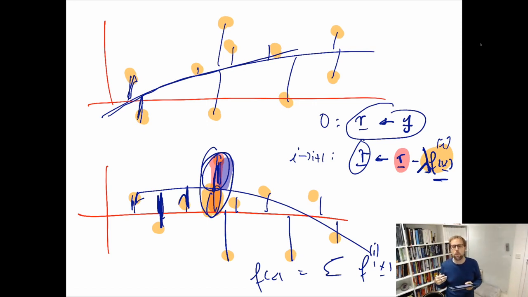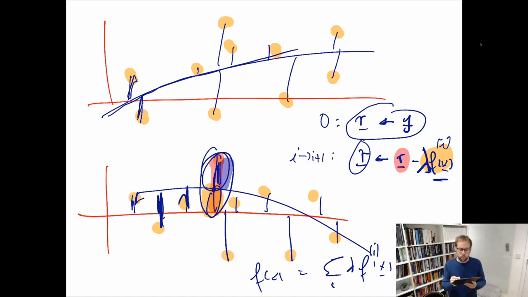I'm moving with a smaller learning rate, and then obviously the sum also gets multiplied by a small multiplier. Rather than summing up all these individual predictions, I will sum them up with a little multiplier here, sigma i. So this would be the basic procedure.